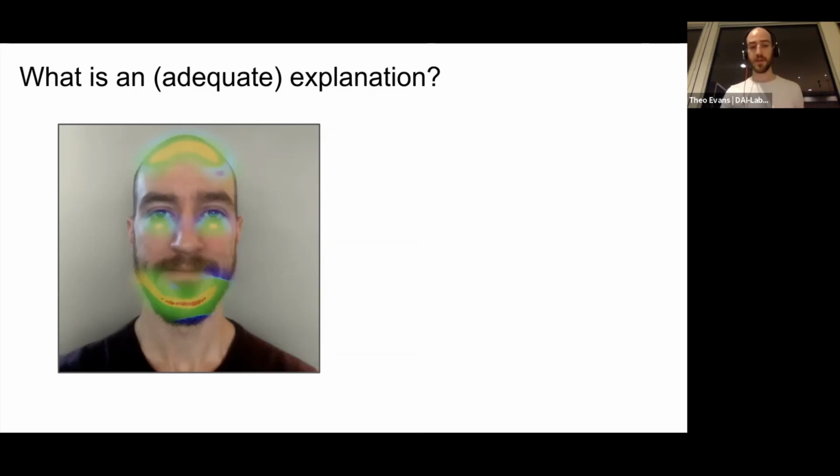And of course, when we start to go down this route, we can see that the answer to what is an adequate explanation is, it very much depends. It very much depends on who the audience for the explanation is, what level of detail they require, and in what domain, language, and modality they require this explanation in order to understand what algorithms are doing and how they are reaching their outcomes.